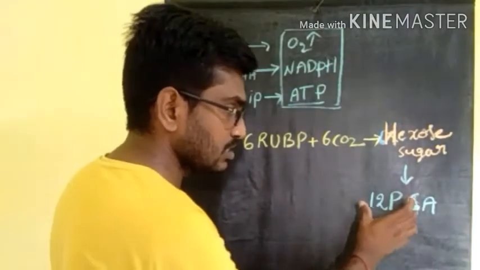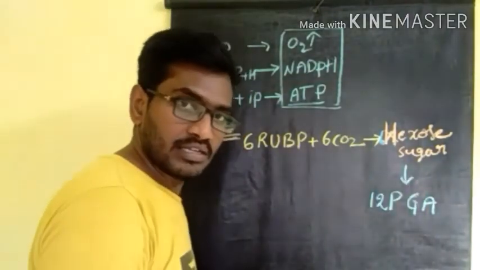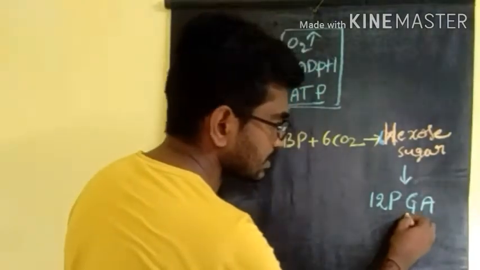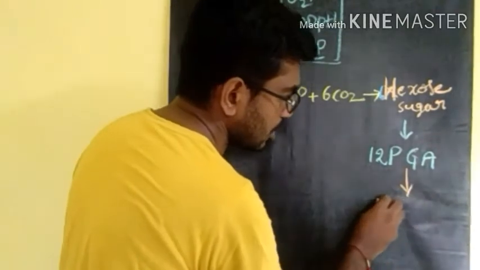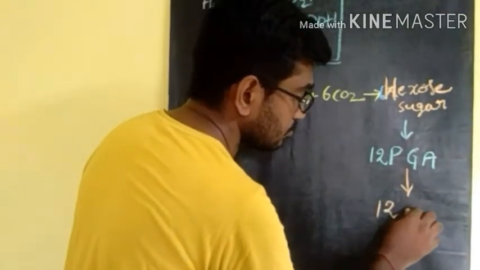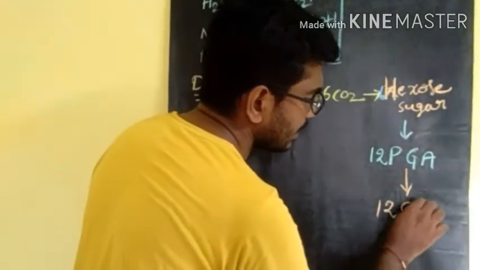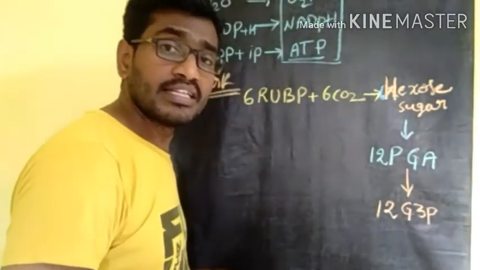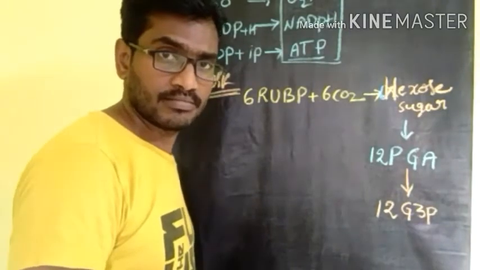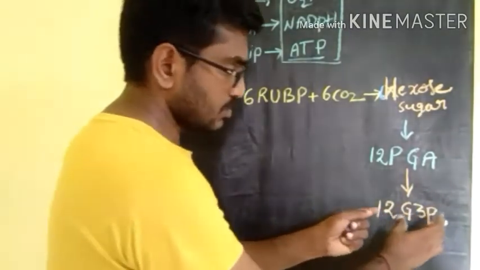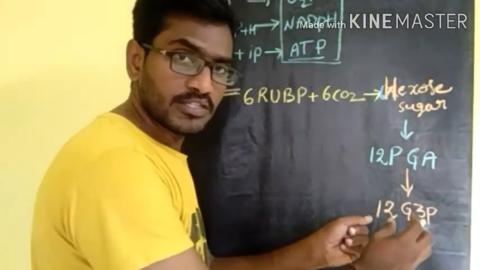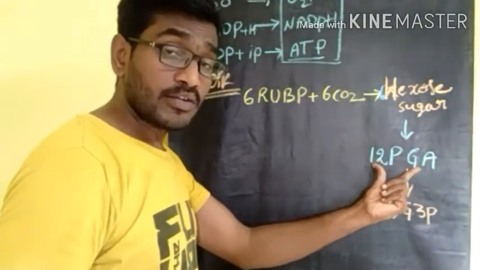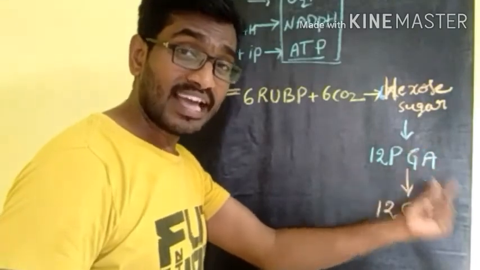Later, after undergoing some reactions, this converts to 12 molecules of glyceraldehyde 3-phosphate.